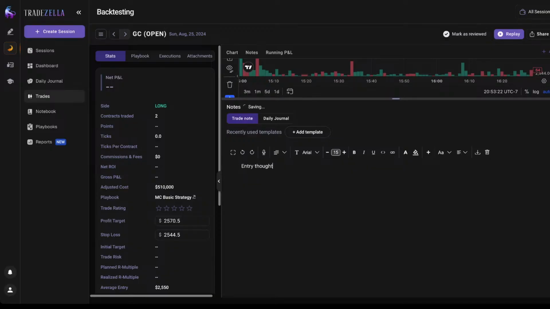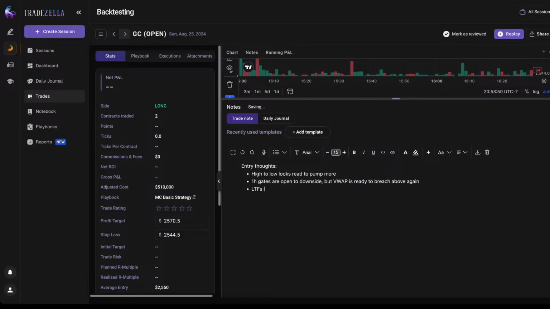Entry thoughts. High to low looks ready to pump more. 1 hour gates are open to downside, but VWAP is ready to reach above again.